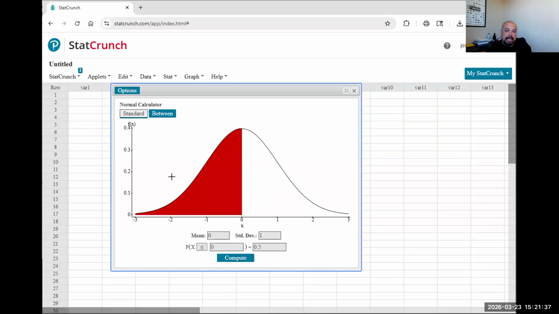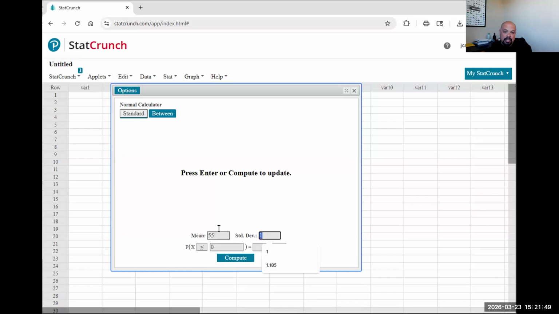On that normal calculator, we're going to input our mean. It starts off with a standard normal, mean 0, standard deviation 1, but of course that's not so common. So we input our mean, 55, and our standard deviation, 6.8, watching the decimals and the values. Now we can input from our problem. Remember, we wanted the probability that our x value was less than 45 pounds of trash.